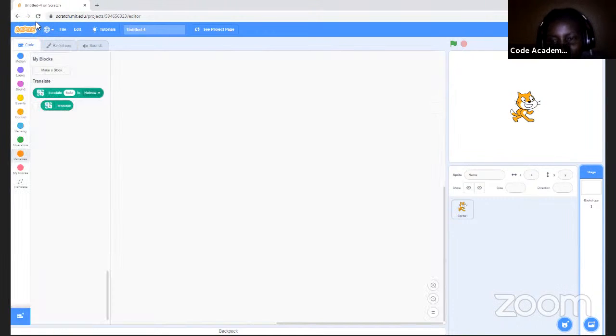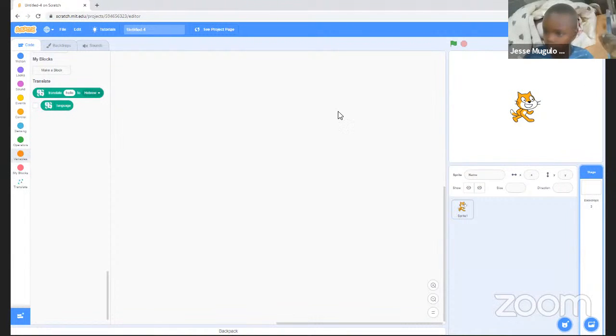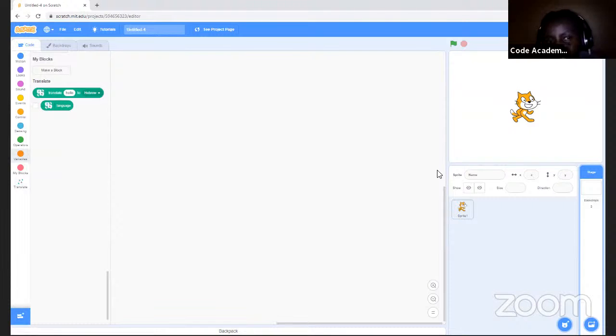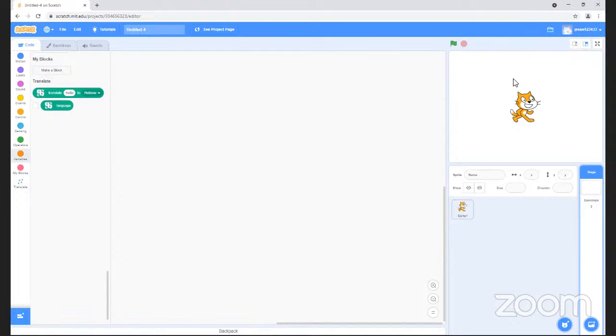So you're going to be uploading. I hope you have some pictures on your computer. Okay, this is what you're going to do. Alison, I want you to think of which cartoon background you would like to have in Scratch.